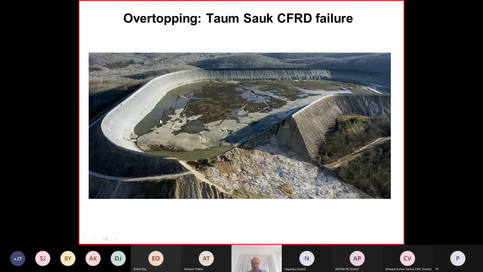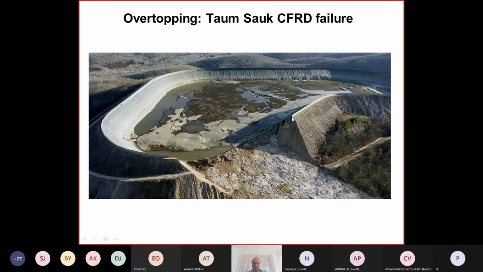So the operator did not know that he was pumping and pumping. And when you pump too much, it overtops, and you see it overtop, it destroys this concrete face rockfill dam, even the geotextile membranes because of leakage. So by inadequate operation, you can cause failure of the dam.